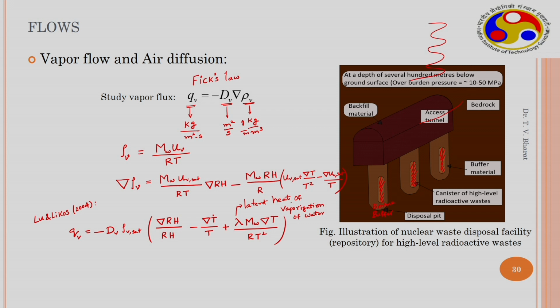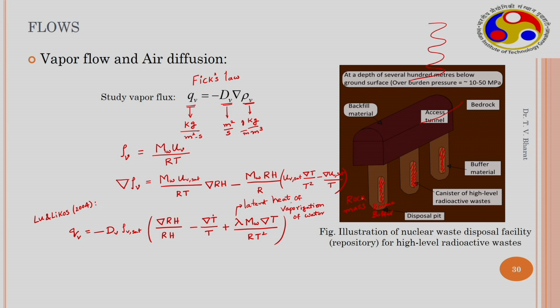So, once this is placed, the canister is hot, at elevated temperatures because of the radioactive elements, and the temperatures are expected to be around 60 to 80 degrees or even more than that sometimes. The surrounding rock mass is generally saturated at that level.